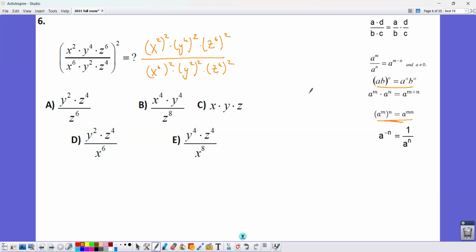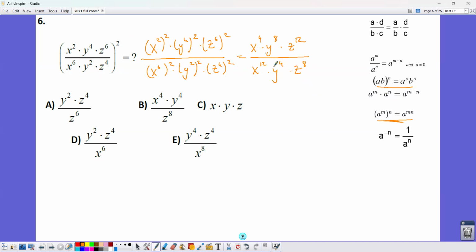So firstly, we applied this rule, the square goes to every term. Then I'm applying this rule: when you have power of power, we are multiplying the powers. Then it will become x to the power of 4 times y to the power of 8 times z to the power of 12 over x to the power of 12 times y to the power of 4 times z to the power of 8.